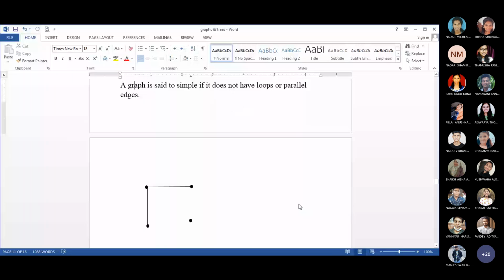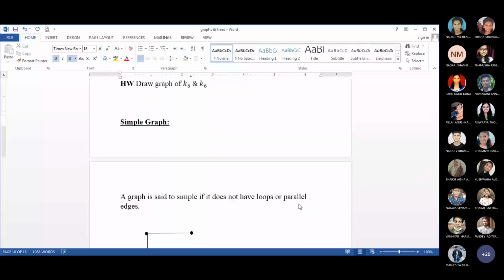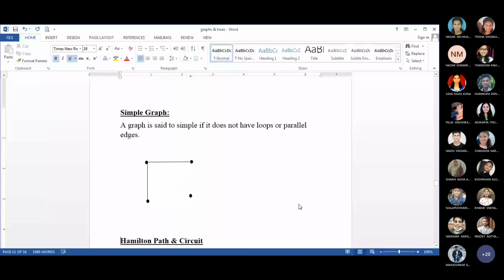Okay, I'll take this down. Simple graph. A graph is said to be simple if it does not have any loop or parallel edges.